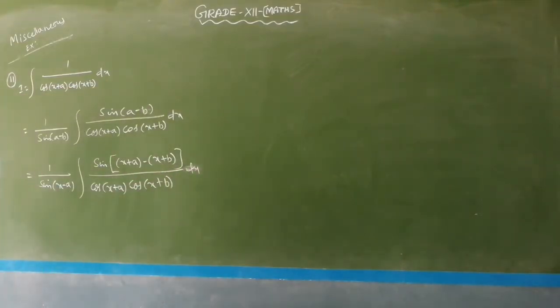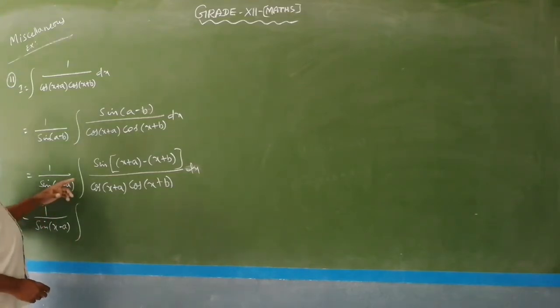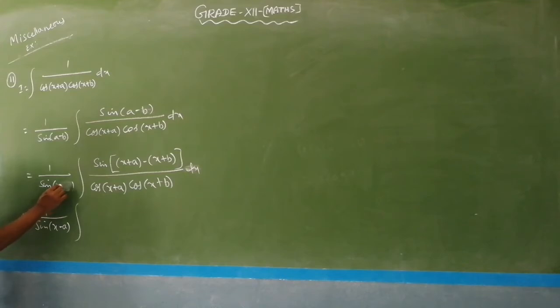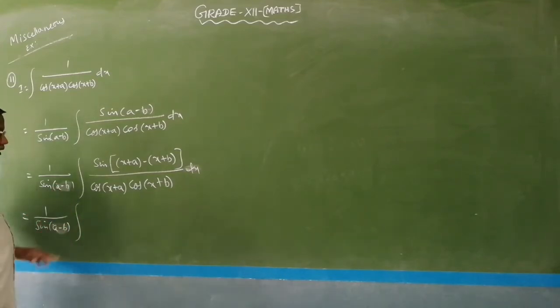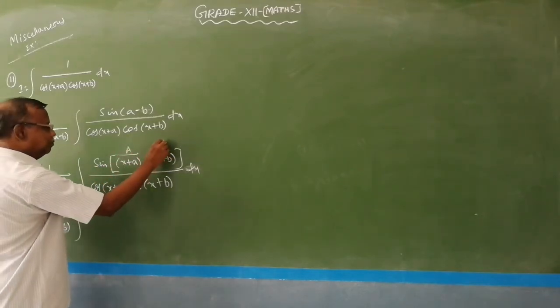Now expand this using the sin of a minus b formula. Sin of a minus b equal to sin a cos b minus cos a sin b, that is 1 by sin of a minus b, the constant, and here consider this is a and this is b.